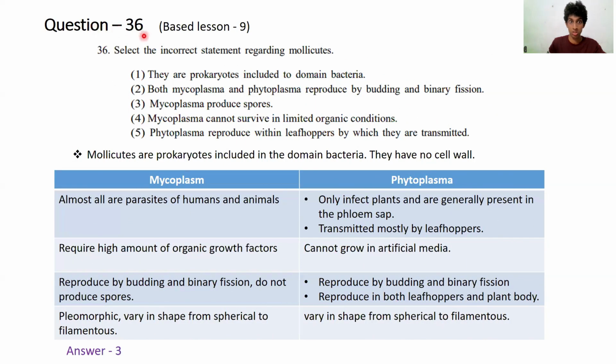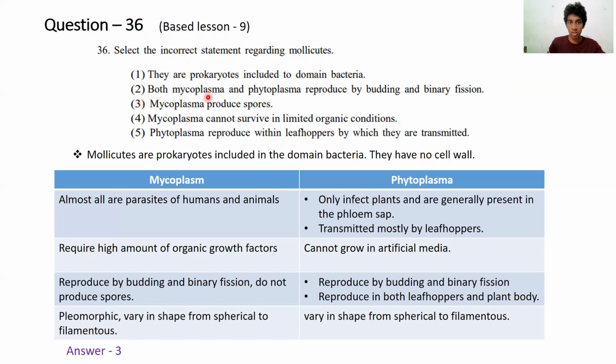Question number 36, based on lesson 9. Select the incorrect statement regarding molecules. 1. They are prokaryotes included to domain bacteria. Yes, molecules are prokaryotes included in the domain bacteria, and they are considered special due to their absence of cell walls.